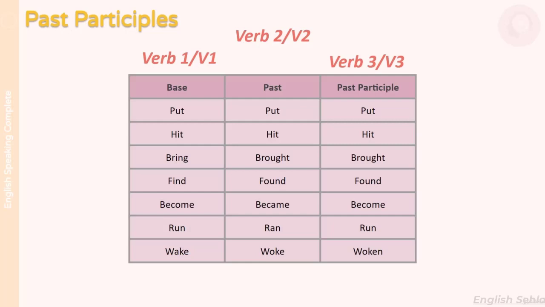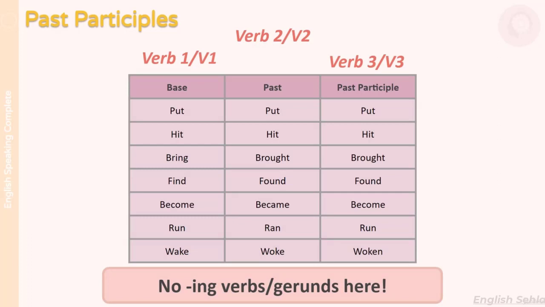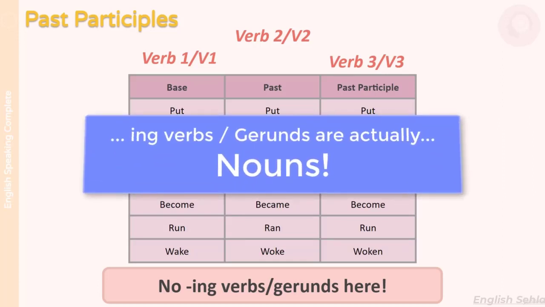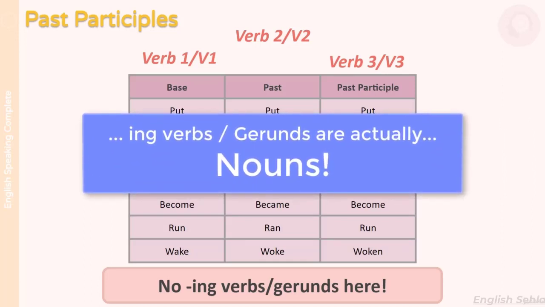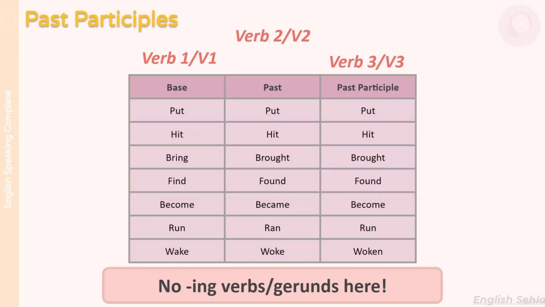Okay, one thing you may be saying to yourself, David, where is the ing verb, the gerund? Well, it's not in this table, and that's because ing verbs, gerunds, are actually nouns. Really important to note. These ing verbs, as sometimes I call them, are actually nouns when we use them, and they're really important in different tenses too.